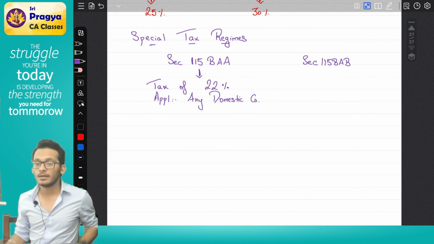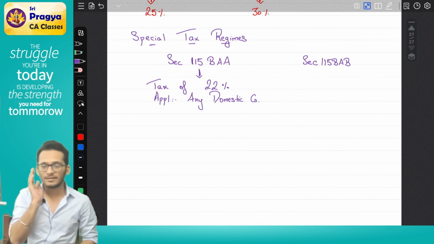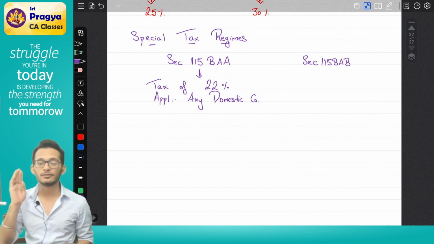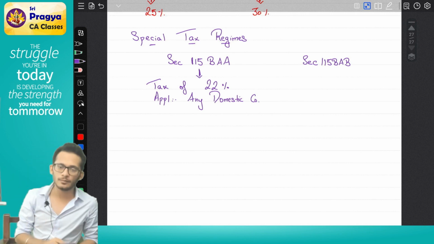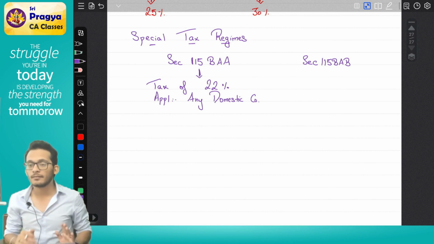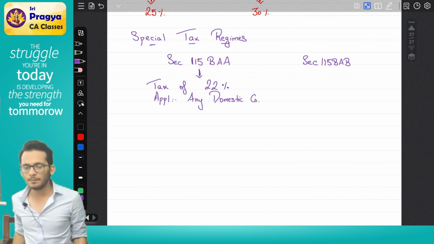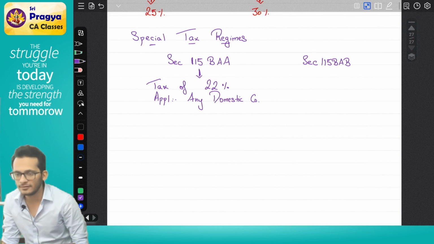Coming to the right side. What is it? 115 BAB. Now what happened is, back in 2020 when this was introduced, they first introduced 115 BAA saying it is 22%. At the same time, they said, boss, India is getting into recession. People have stopped working here. People have stopped investing here.